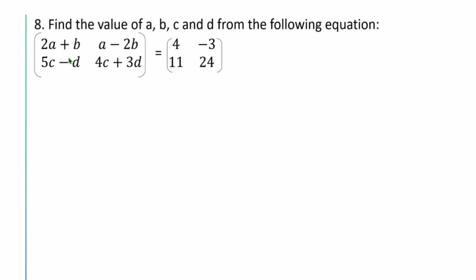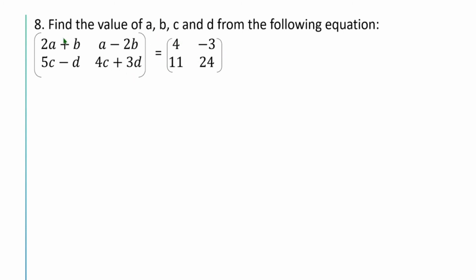Next question, find the value of a, b, c and d from the following equation. 2a plus b, a minus 2b, 5c minus 3d, 4c plus 3d equal to 4, minus 3, 11, 24. So we have to find the value of a, b, c and d.